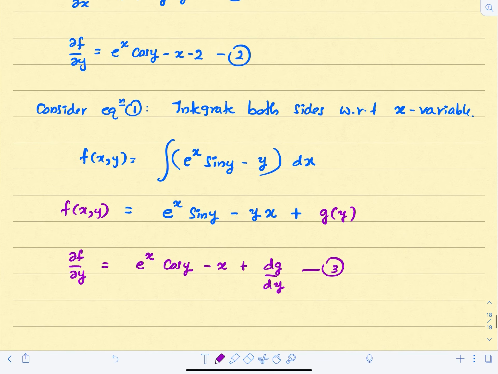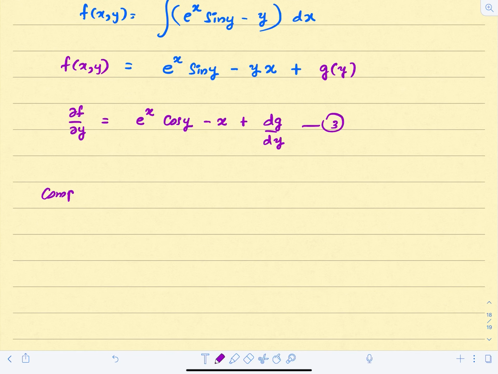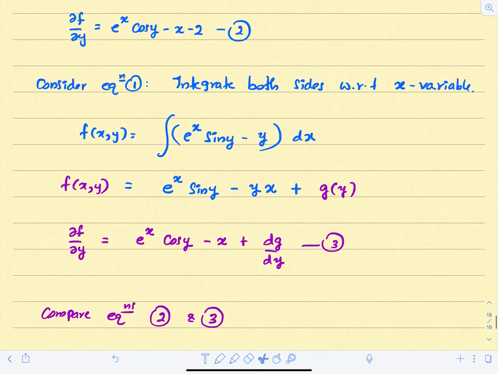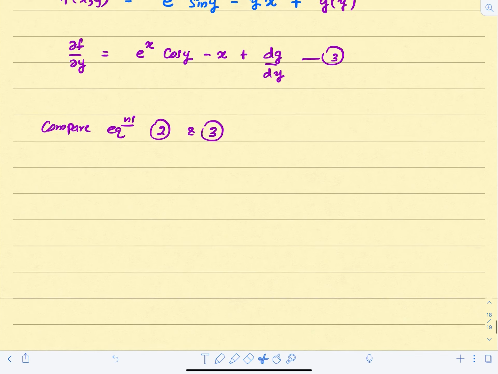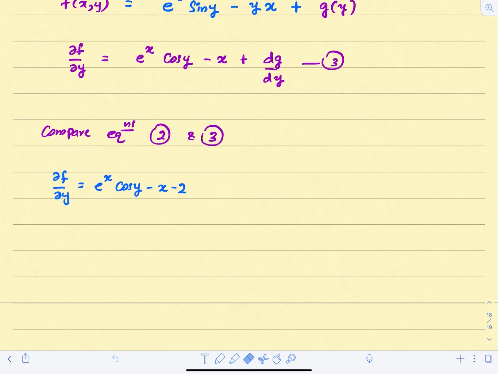Now we can compare equations 2 and 3. If you do that, you should get this equals e^x cos y − x plus dg over dy.